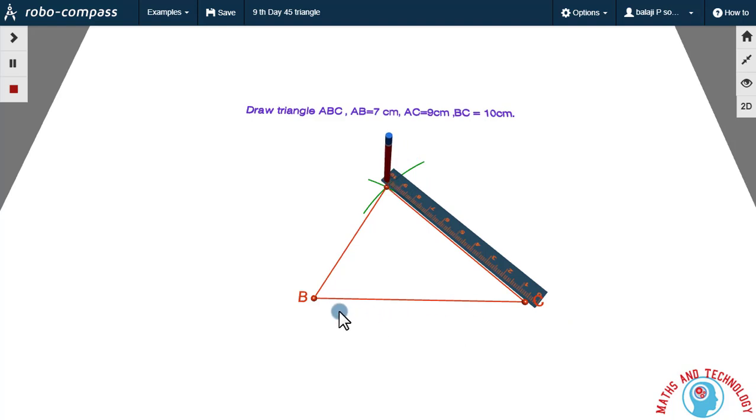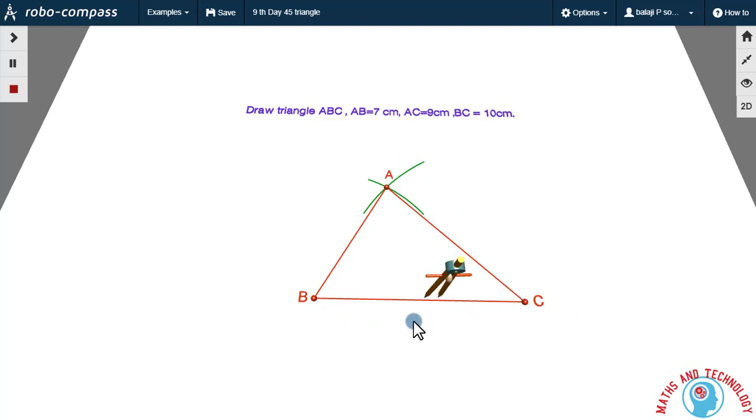Now we find the midpoint of BC. Draw an arc on both sides of BC, taking the same distance in compass, and then intersect both the arcs.